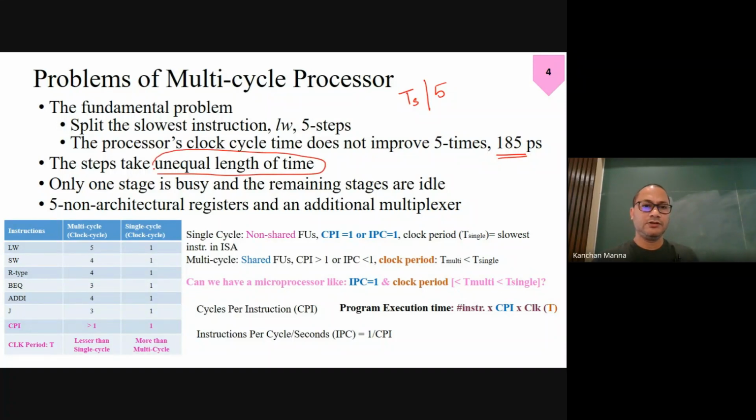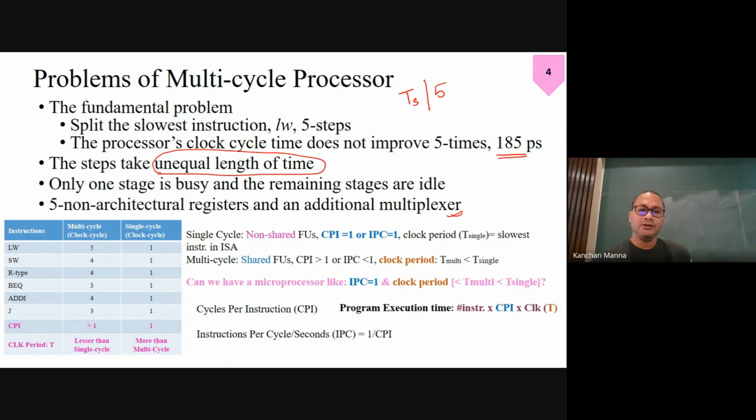Also, in the multi-cycle one, only one stage is busy and the rest of the 4 stages are sitting idle. That is also a disadvantage. And we have also incorporated 5 non-architectural registers and multiplexers in the multi-cycle one.